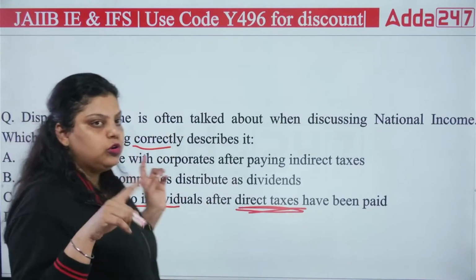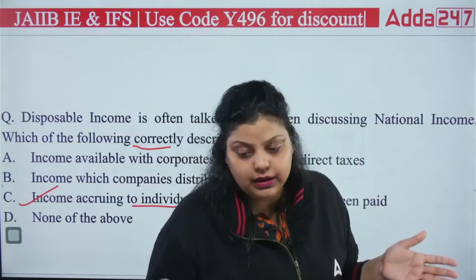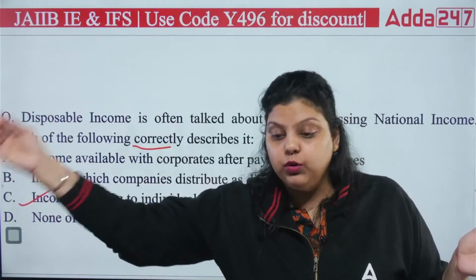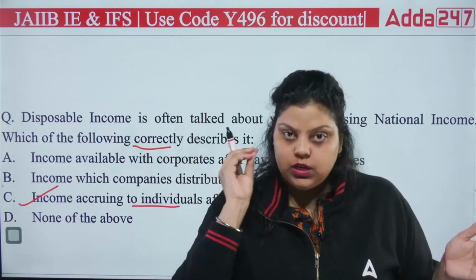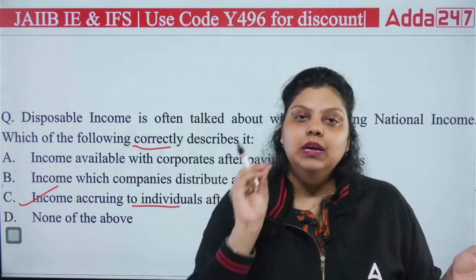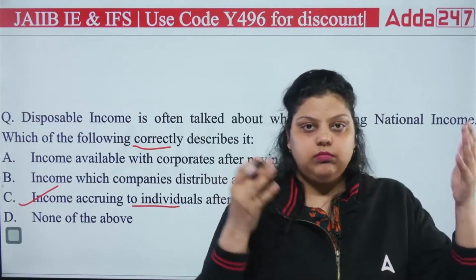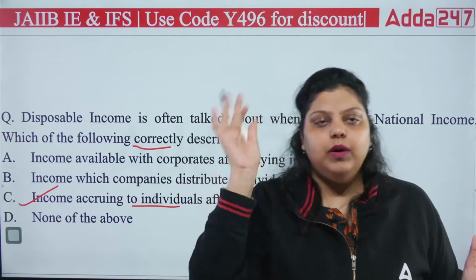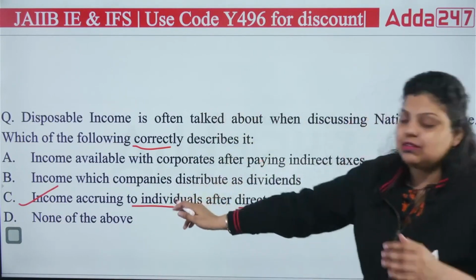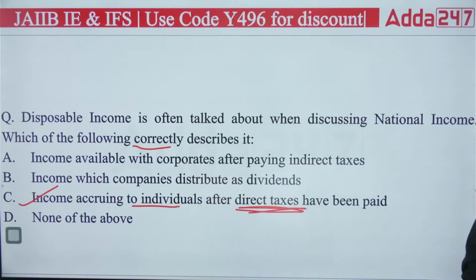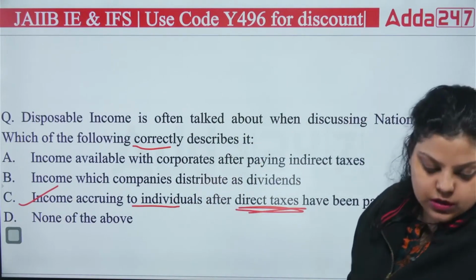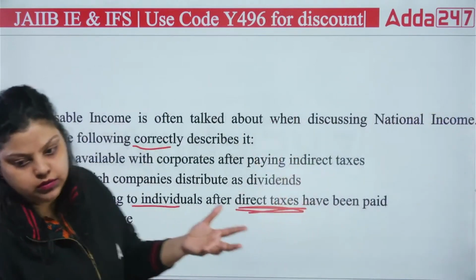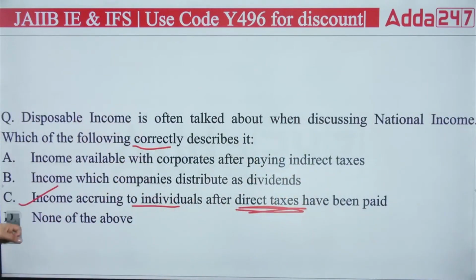So, personal disposable income, or you can call it disposable income, means after paying all the taxes, after paying all the liabilities of whatever amount of income you have, now you have the authority that you can use it to purchase goods and services, you can save it for your future or whatever you want to do accordingly. So, this is the personal disposable income that tells us the expenditure capacity of the people, because it gives the actual income in the hands of the people after paying the taxes. So, the right answer is C.